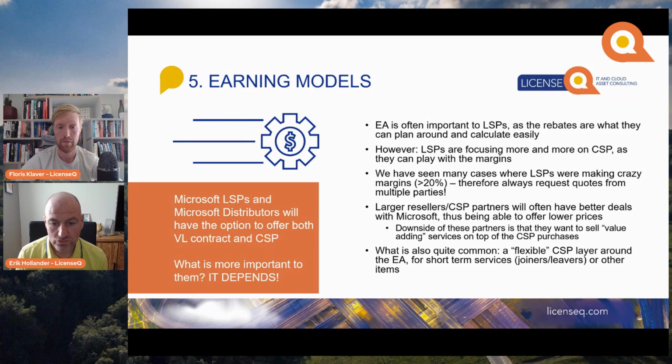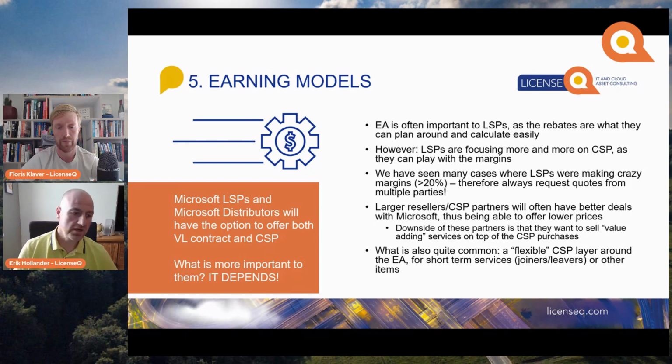Let's go to the larger resellers and CSP partners, because they will probably have better pricing. Microsoft is working with different tiers of partner statuses. The higher the partner status is, the better the buying price is at Microsoft.